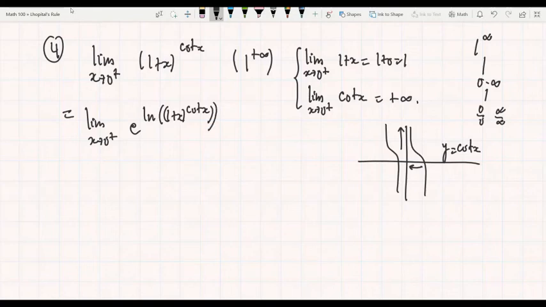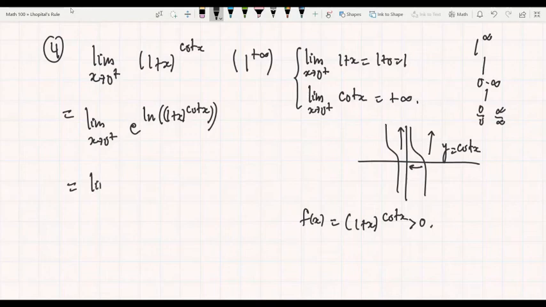So here, the condition that f of x equals 1 plus x raised to cotangent x is positive is easier to see, no? Because cotangent x as x goes to the right of 0 is always above the x-axis, so its value is always positive, and 1 plus x is always greater than 1, so it is always positive, so we don't have any problem there.